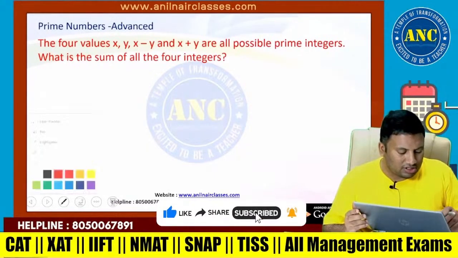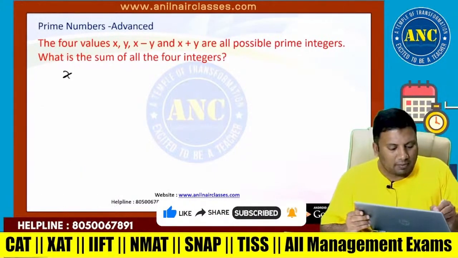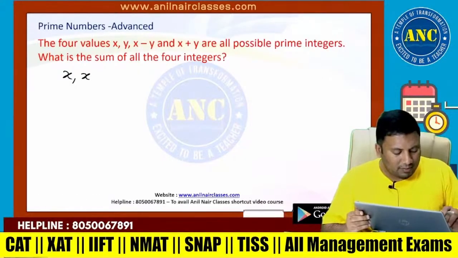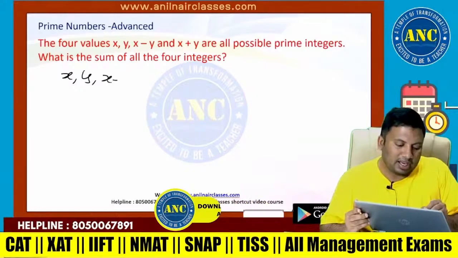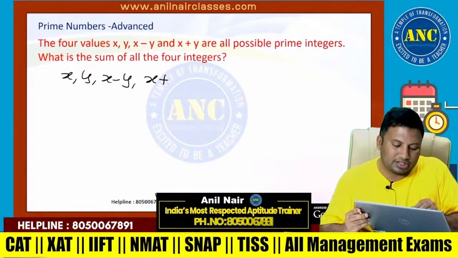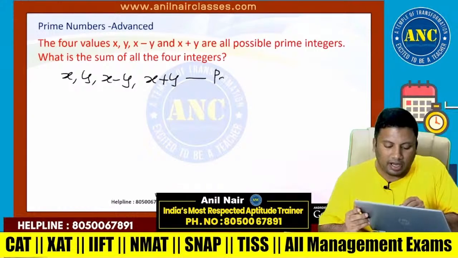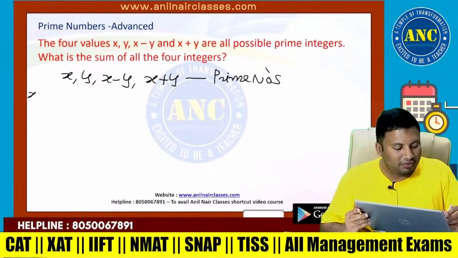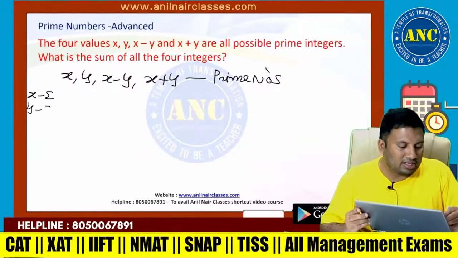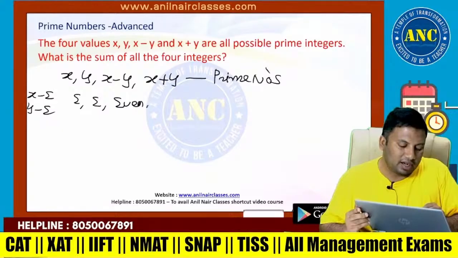Now let us solve this question. First read the question, sir. x, y, x minus y, x plus y, all are prime numbers. Now see, if x is even and y is even, then even minus even, even plus even.